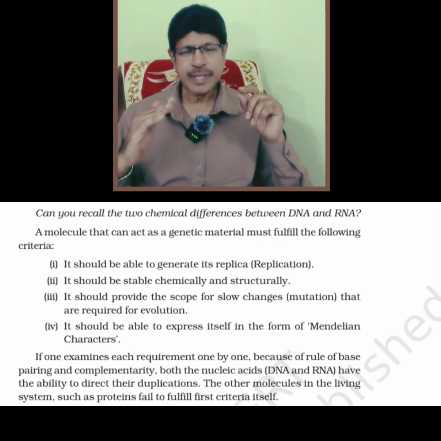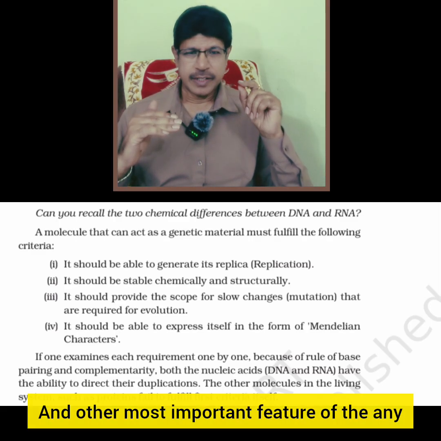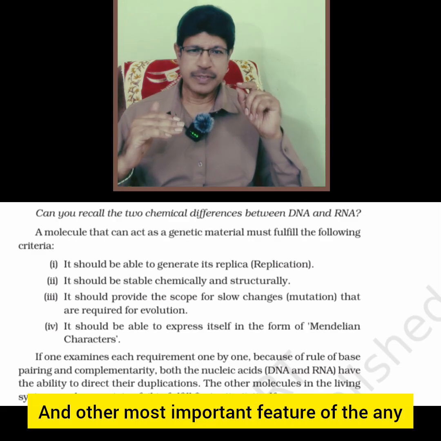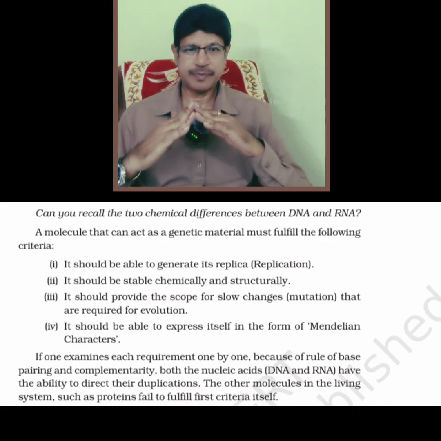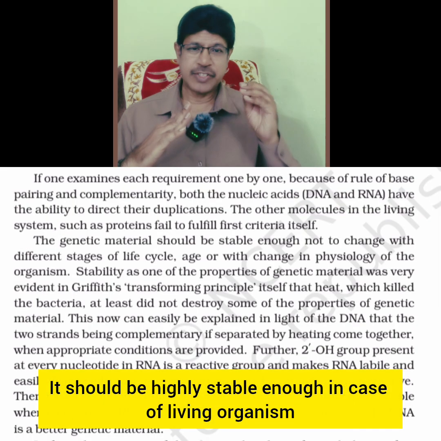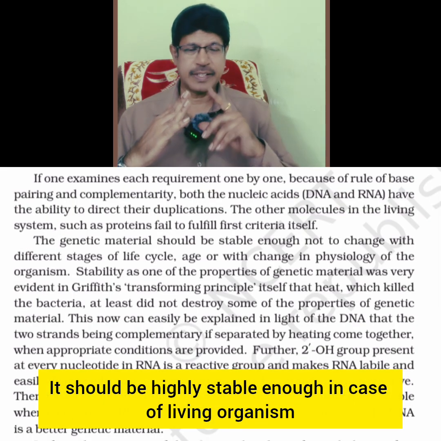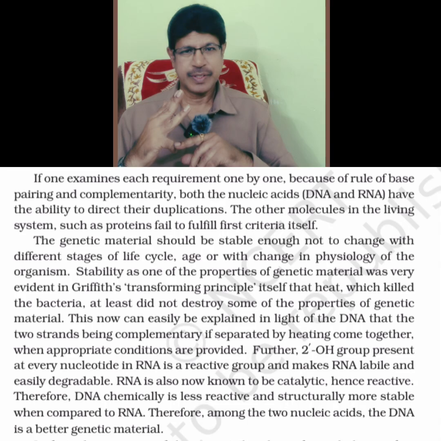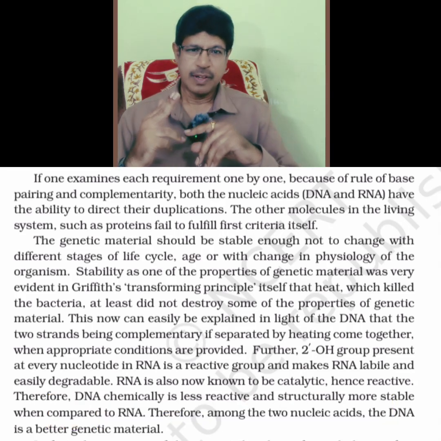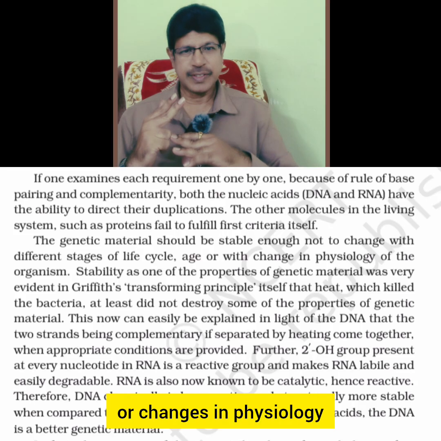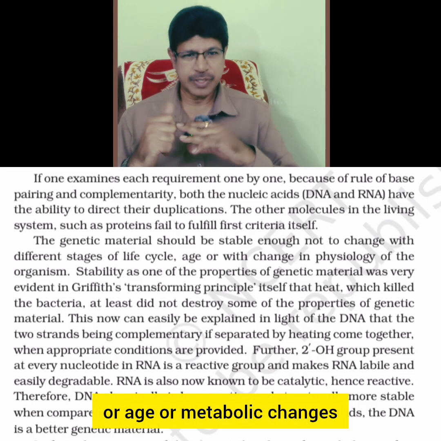Next, stability. Another most important feature of any genetic material is stability. It should be highly stable in a living organism during different phases of the life cycle, or changes in physiology, age, or metabolic changes.